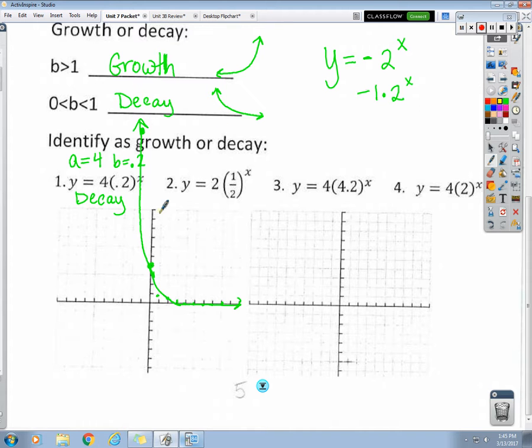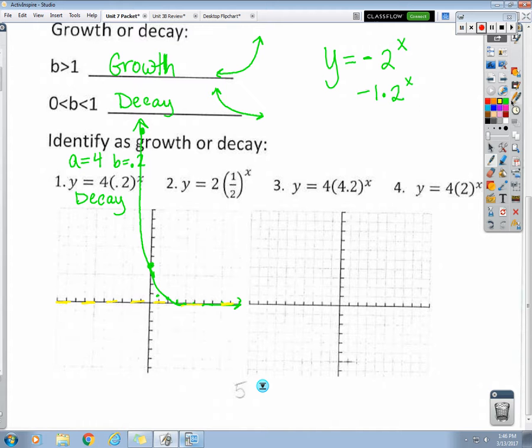Remember, it's like an invisible boundary that the graph approaches, but then it just goes right along it forever. Nobody remembers that word? Well, somebody just said it. No, it starts with an A. Asymptote. Okay, it's an asymptote.